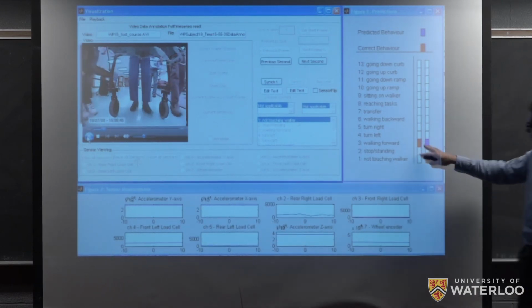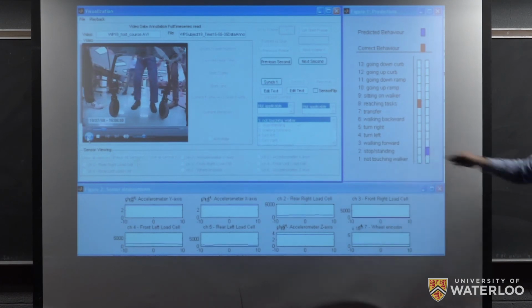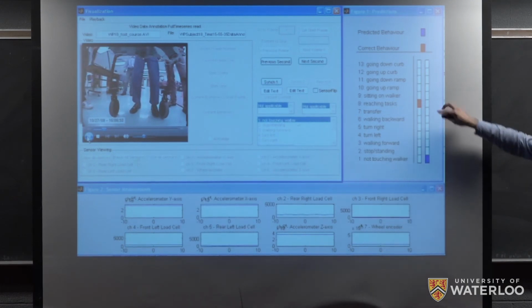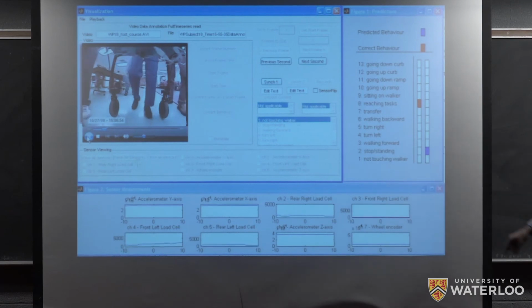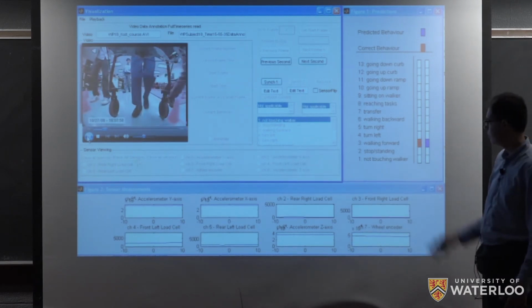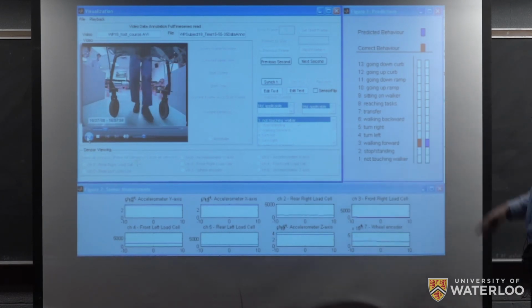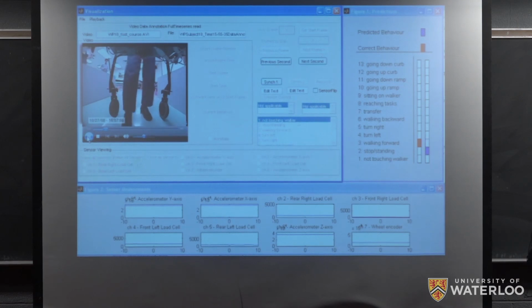And you see here, for instance, she was walking forward, so both red and blue were matching. Now, once in a while, you see there's some discrepancy, which means that the algorithm is not perfect. But otherwise, it is tracking the overall activities fairly well.